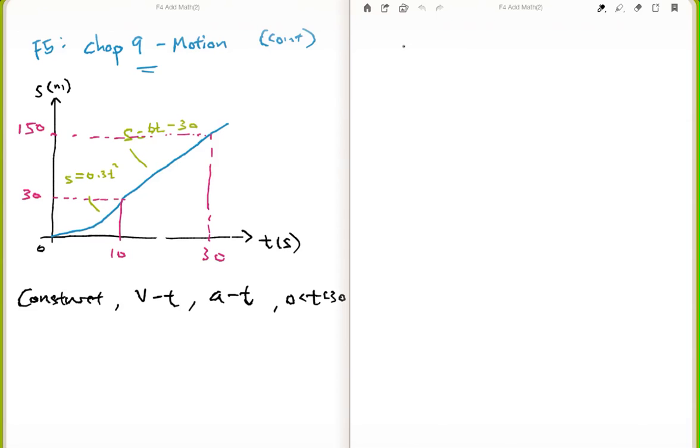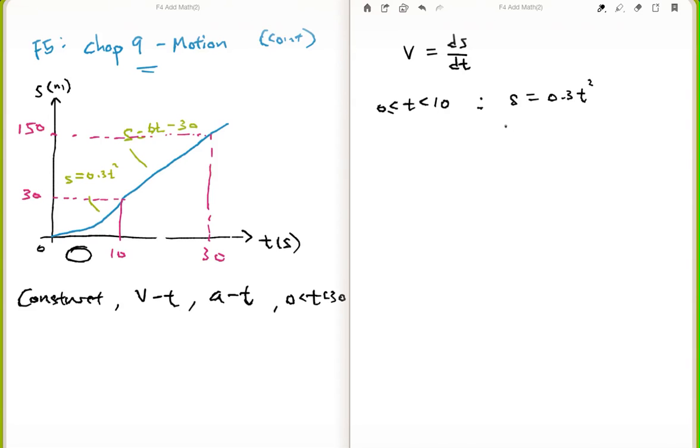Since velocity is ds over dt, the rate of change of displacement, the VT graph can be determined by differentiating the S and T equation. From this region, t from 0 to 10, my displacement S is 0.3 t squared.